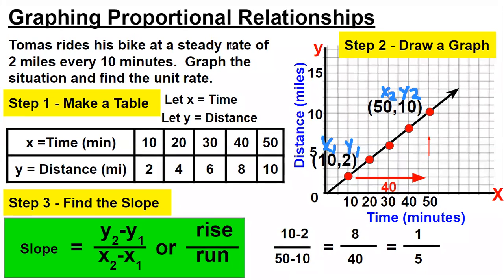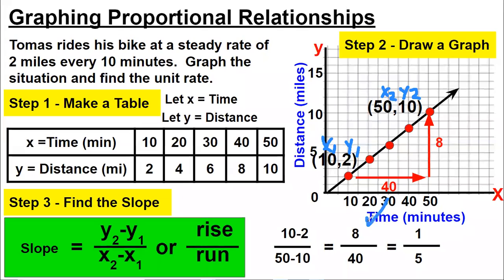And then my rise, we're going to count those individual units because remember the y values go up by ones. 1, 2, 3, 4, 5, 6, 7, 8. Isn't that interesting? It's 8 for the rise and 40 for the run. That's exactly what we did over here.